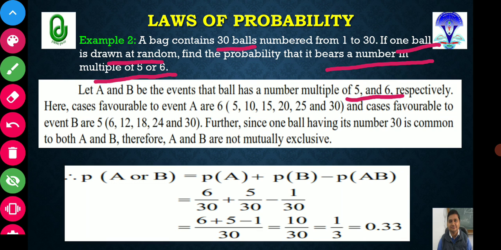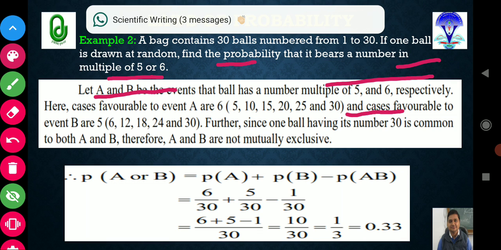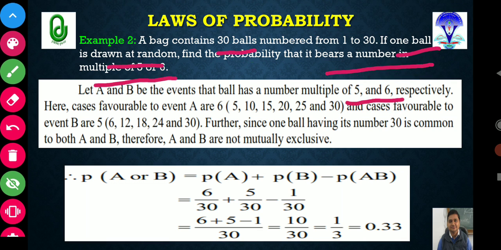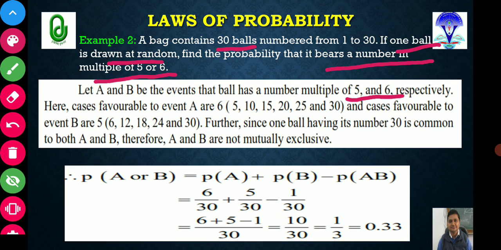So first we'll see the multiples of 5. Multiples of 5 between 1 to 30, what will they be? So 5, then 10, 15, 20, 25 and 30. So total 6 multiples. Similarly, what will be the multiples of 6?